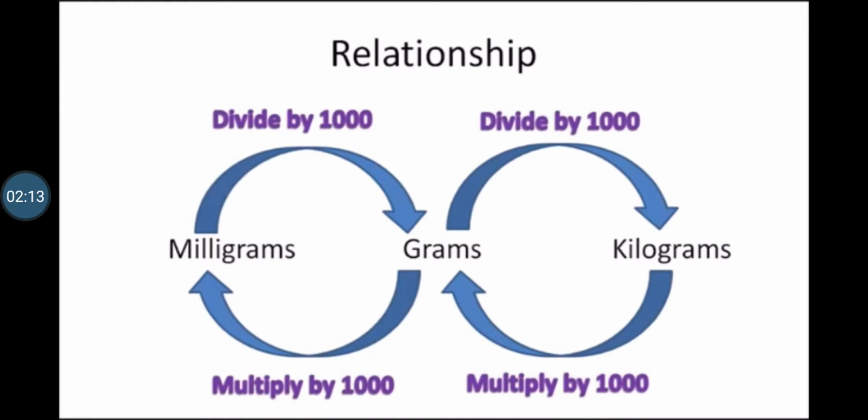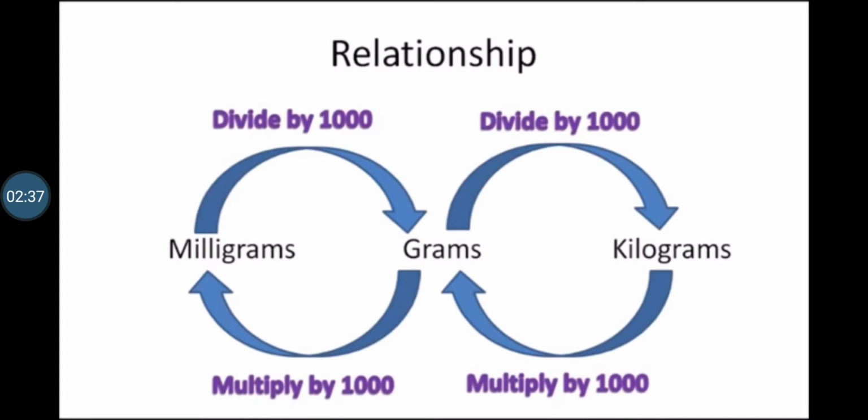Let's look at the relationship that's very much important. So this is the relationship among milligrams, grams and kilograms. As we know that milligram is the smallest unit and kilogram is the biggest unit. So, my dear students, whenever we move from milligram to gram, we have to divide by 1000.